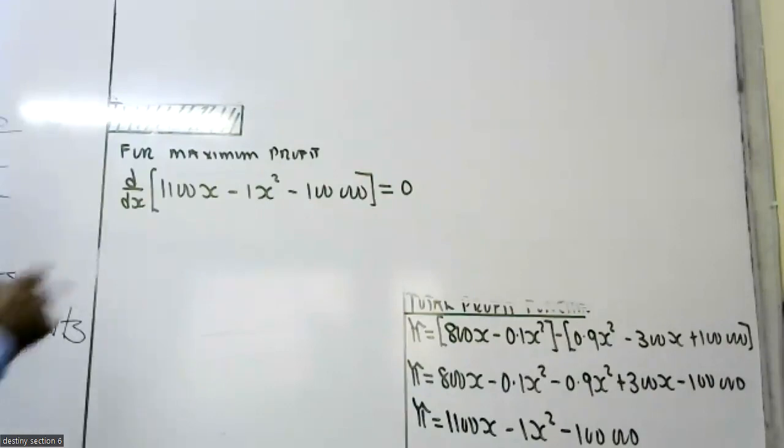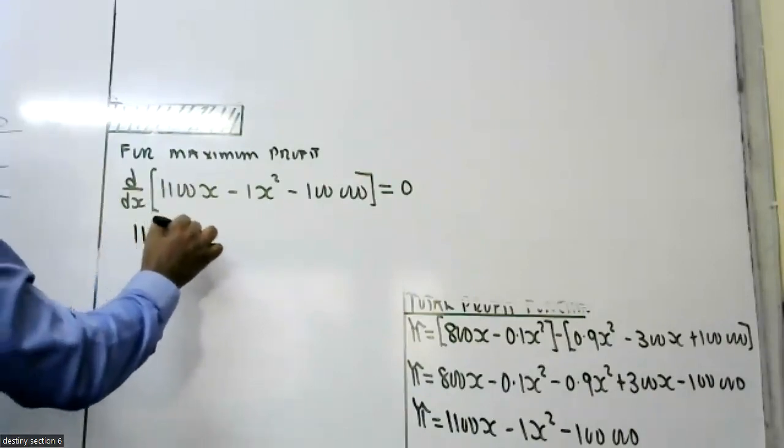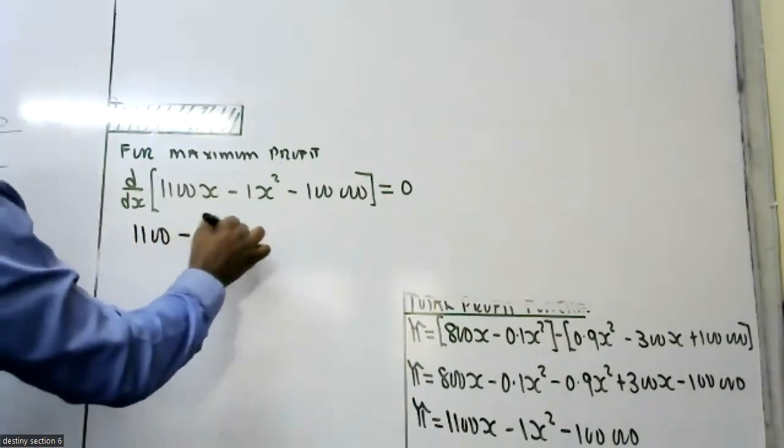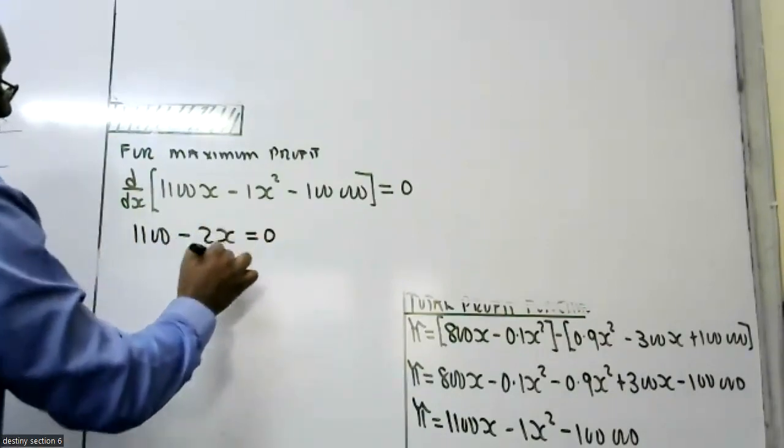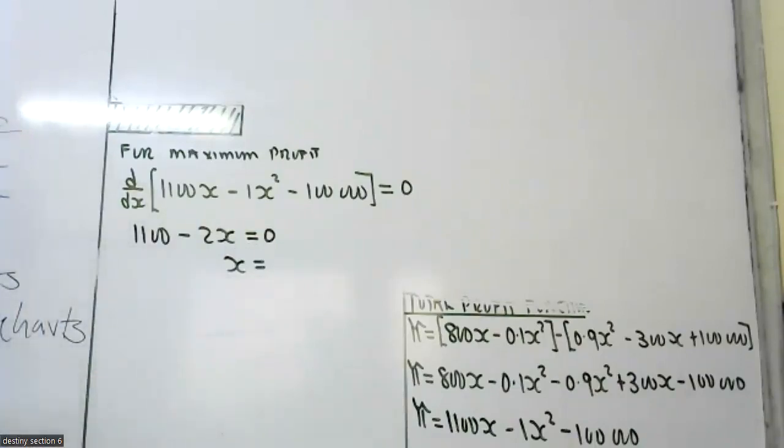When we differentiate this, we are left with 1100 minus 2x equals 0. So now tell me, what is the value of x from there?